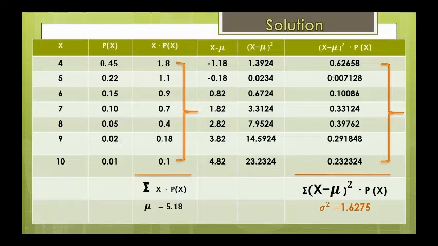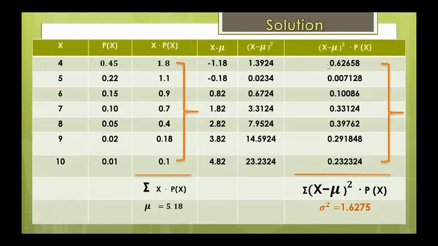And then, for the sixth column, ang gagawin lang natin is, yung value from the fifth column, i-multiply natin sa value from the second column, which is the P of X. So, the square of X minus mean times the P of X. Here in the first row, that is equivalent to 0.62658.